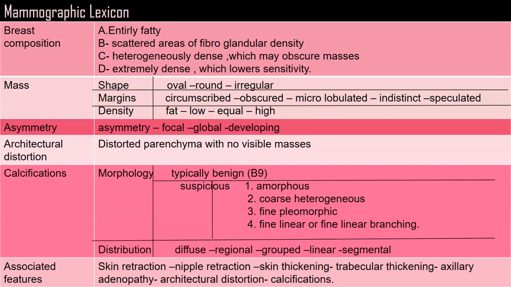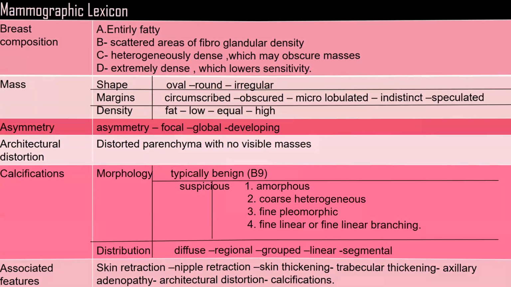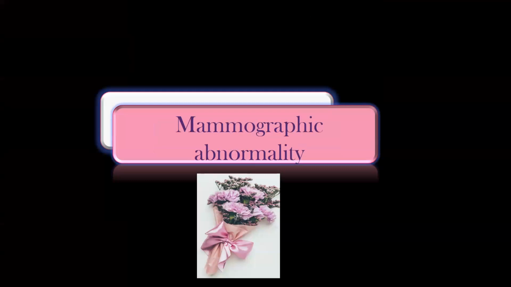And then the associated features: skin changes, retraction, thickening; nipple changes, also retraction, thickening; axillary adenopathy. Architectural distortion and calcification can be considered as a main abnormality or as an associated feature.